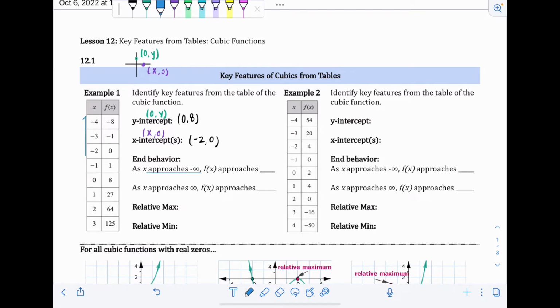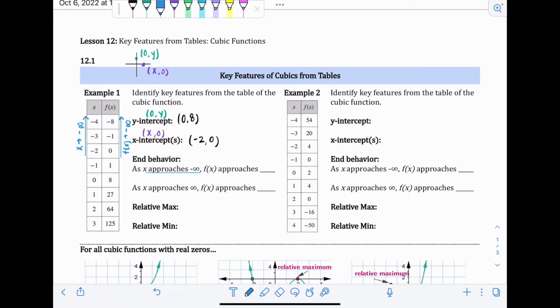It goes from -1 to -2 to -3 to -4. So that's x approaching -infinity, and then I just want to see what the other side of the table is doing at that time. The other side of the table is f of x, and it's also decreasing. It's going from 0 to -1 to -8. So that would mean that f of x is approaching -infinity also because it's getting smaller.